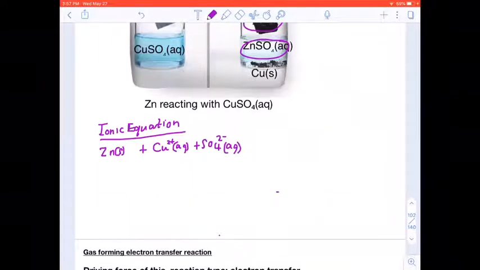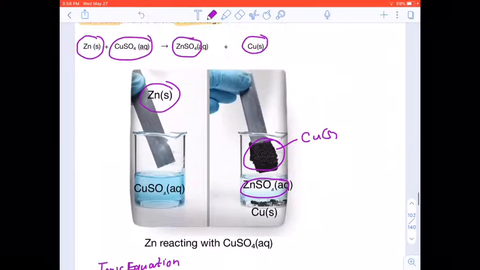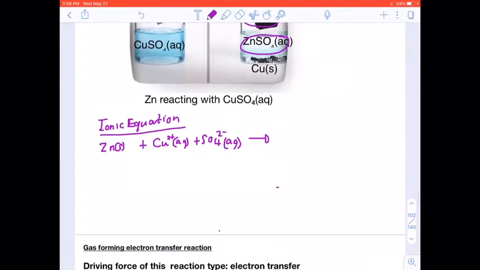Is that not so? And then what happens is it gives us zinc sulfate. So that goes into solution. So we have Zn2 plus aqueous, plus we have SO4 2 minus aqueous, and then we have copper solid.